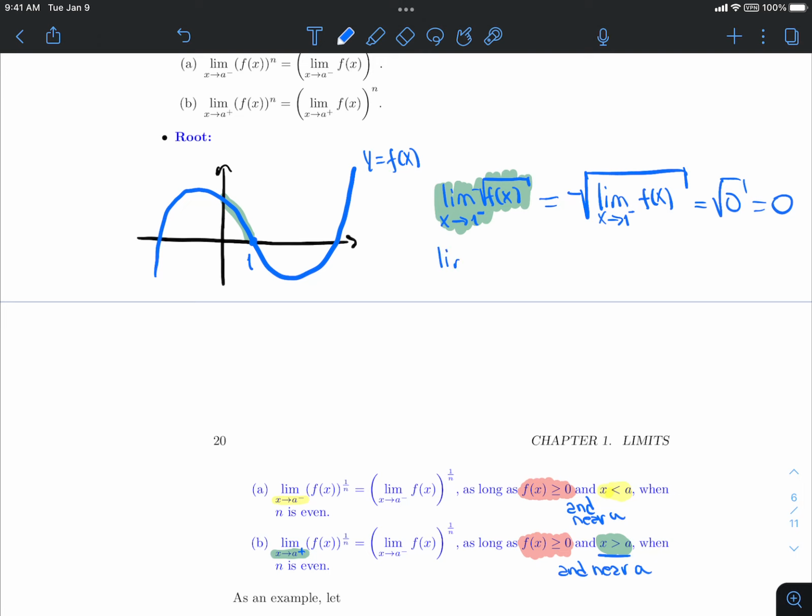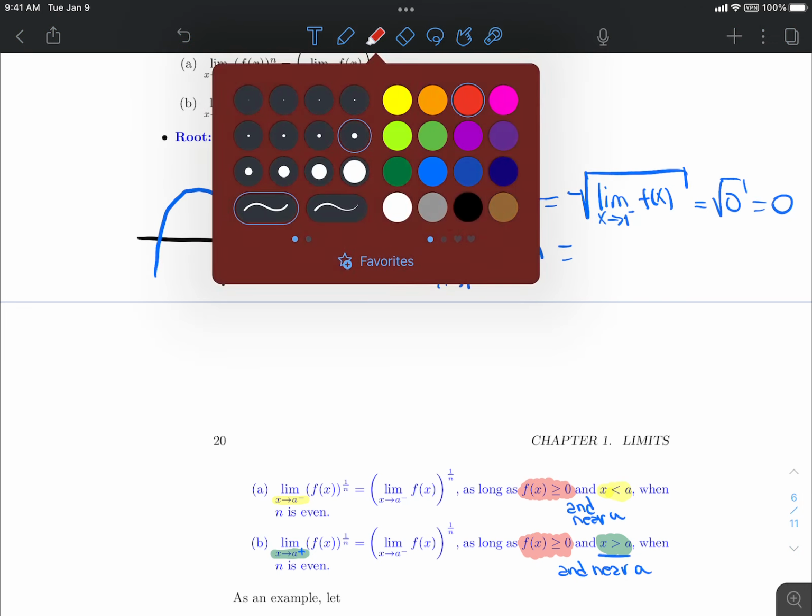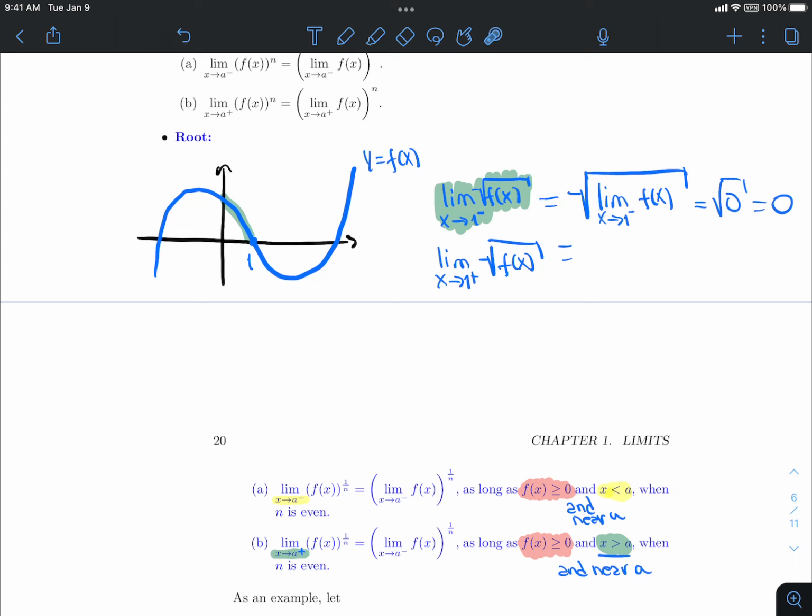However, if you try and calculate the limit as x approaches 1 from the right of the root of f of x, and I'll go with my highlighter now, 1 plus means x is bigger than 1. We're looking at this part of the graph. These values are negative. Even though they're very close to 0, they are negative.